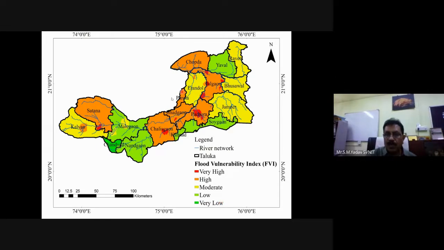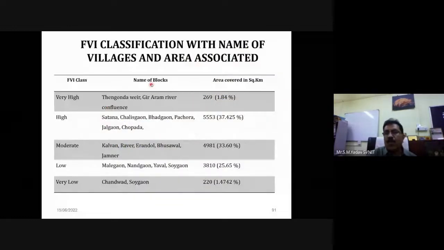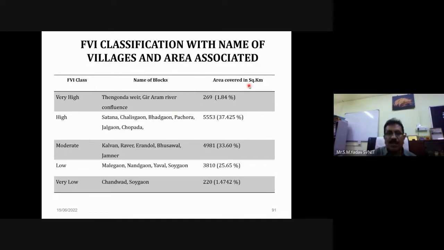Again, superimposing this map on Google Map, you can identify the names of blocks and the area covered in square kilometers which are at very high risk, moderate risk, low risk, and very low risk. So these are the blocks, taluka wise, that we have considered. These are the blocks which are vulnerable, and the class of vulnerability in which they lie.